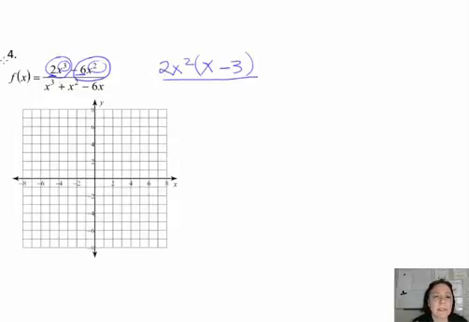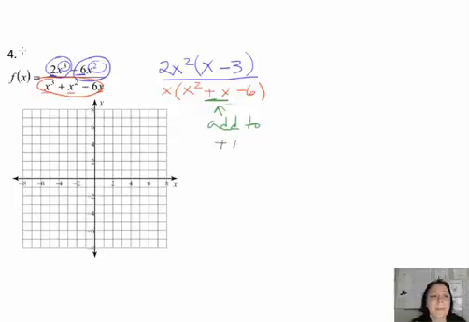Let's have a look here at factoring the denominator. I have common x's. Definitely, I can take this right down from a cubic to a quadratic. Factor out that x, I get x squared plus x minus 6. Now I need two numbers that are going to add to plus 1 and that are going to multiply to negative 6.